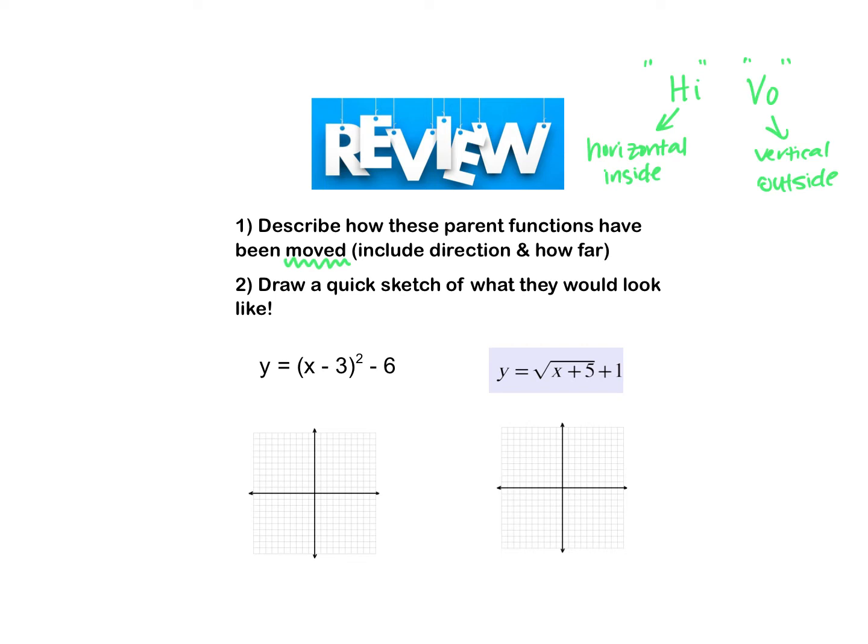Now, translations or movements, these showed up in our equations as addition or subtraction. So we're either going to add or subtract some number. Depending on if that number is inside, outside, positive or negative, that would change the direction that we're working in.